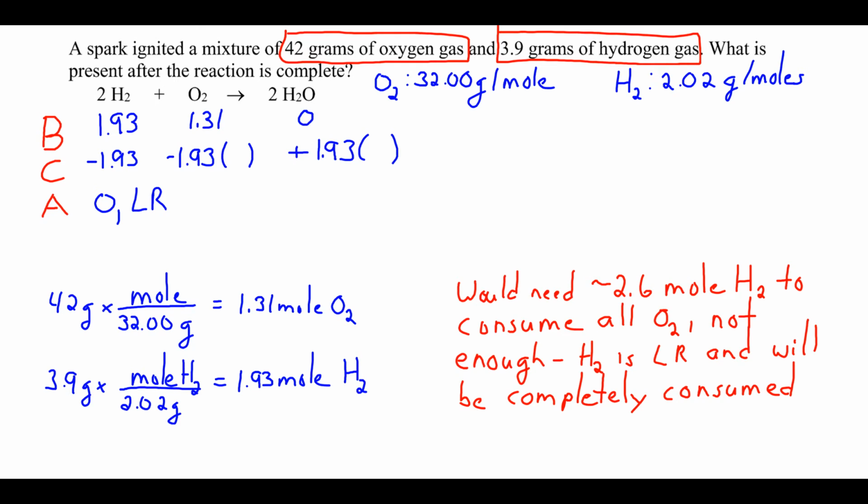All right, so if we lose all of our H2 so that none of it remains, we know we're going to lose that much of O2 multiplied by some mole-to-mole ratio. And also we'll be gaining that amount of our product, also taking into account some mole-to-mole ratio.